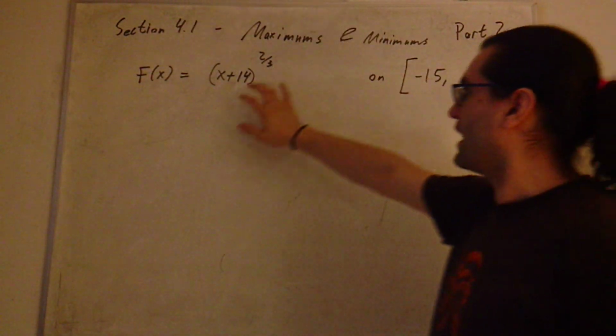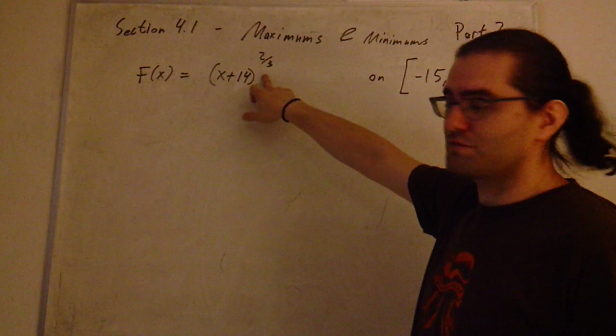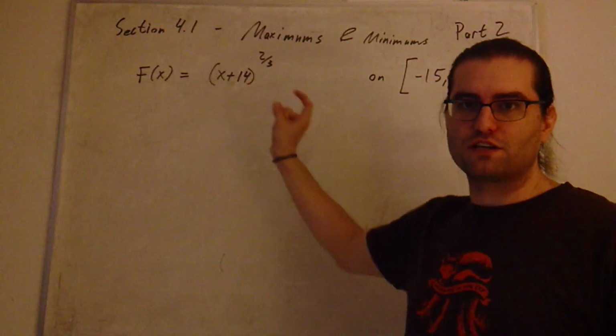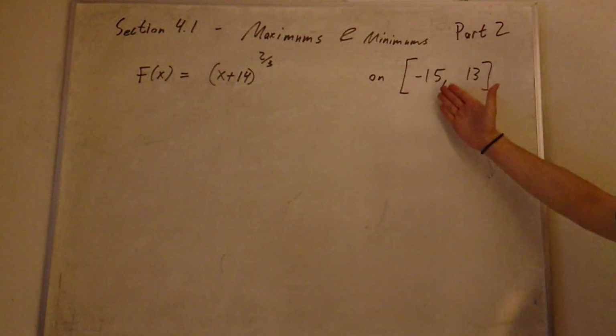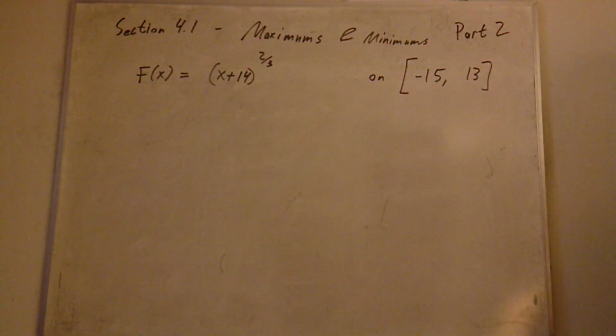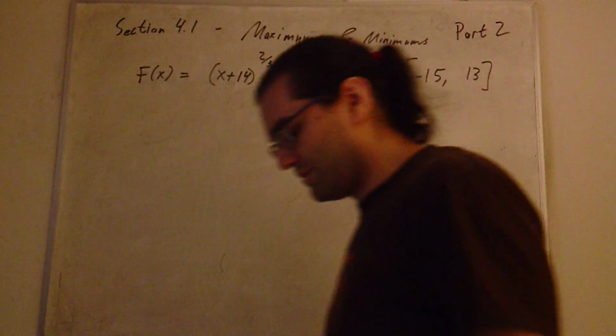This is (x + 14)^(2/3), so a horizontally shifted power function, on the interval from -15 to +13. This is what we're going to work with.